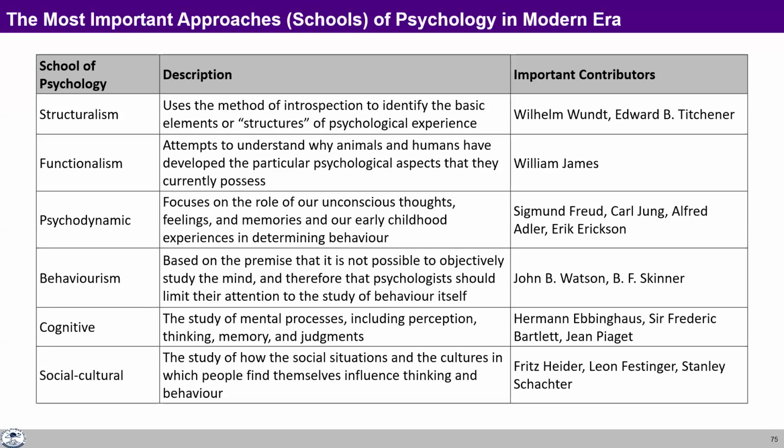So William James was the propounder of this, but he was actually taking the guidance from Darwin's theory of evolution. So how people adapt to an environment, how they try to survive, how they try to maintain their generation, and how it drives their psyche, what they think, what they feel, how they approach towards things. So this was the approach taken by functionalism.